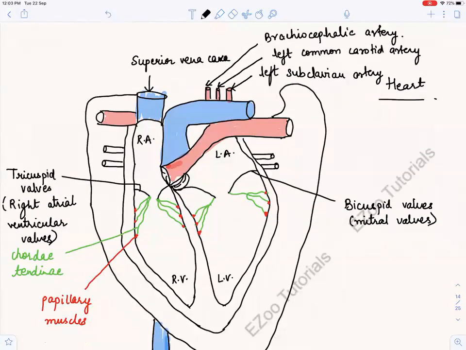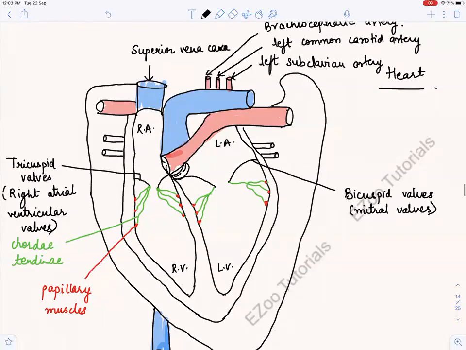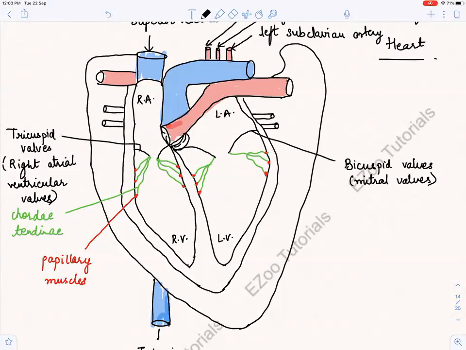So this much is clear. You are with me. Now let us see what this big thing that we have drawn is. This is the pulmonary trunk. This part is the pulmonary trunk, right?